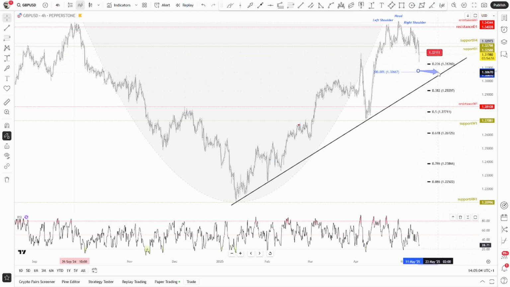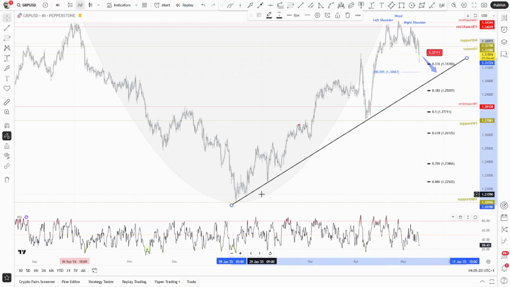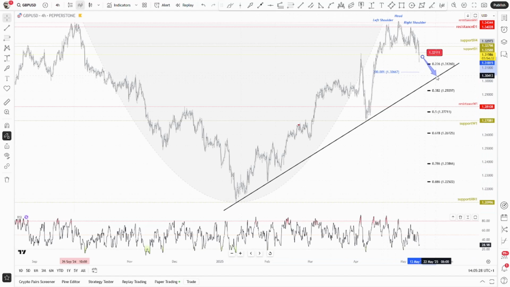But also the 200% Fibonacci extension level and the default target for the inverted head and shoulders pattern formation lies at 130.66, which means the price may be forced to trade lower and eventually reinforce this trend line support. This is an ascending trend line support that may start to unfold if the price drops into these levels again and starts to reinforce this trend line support.